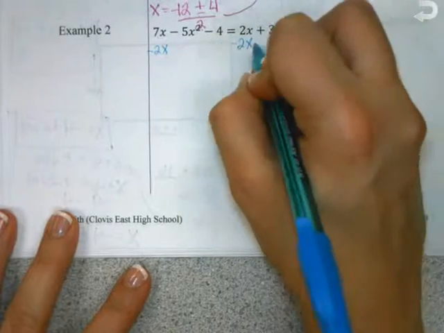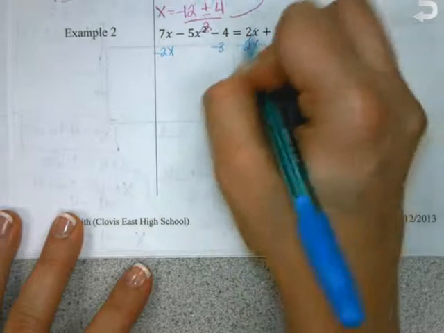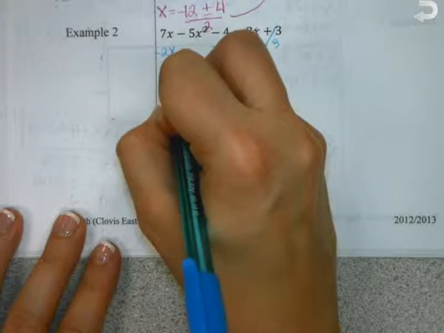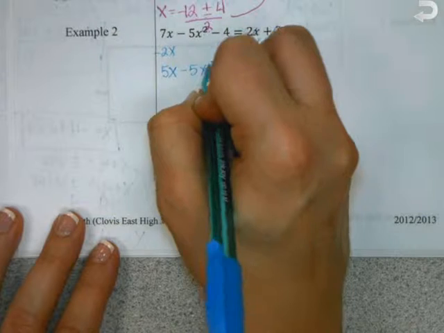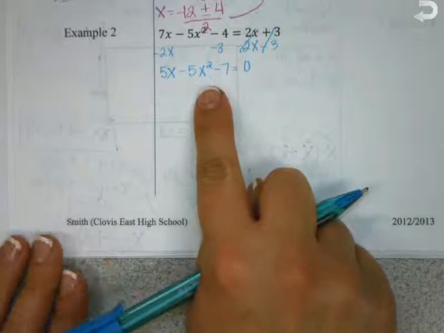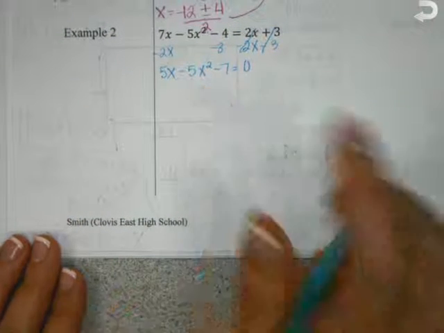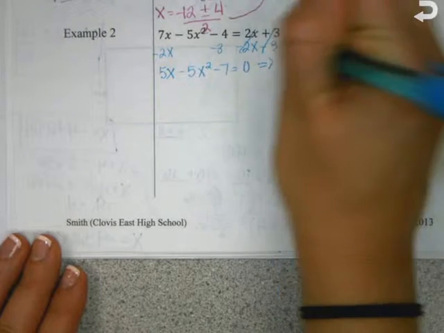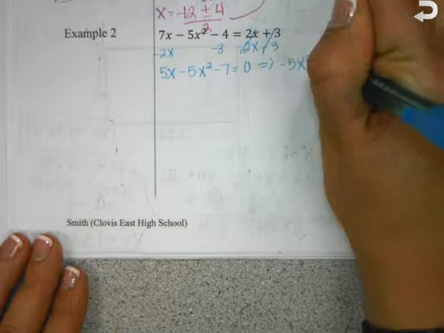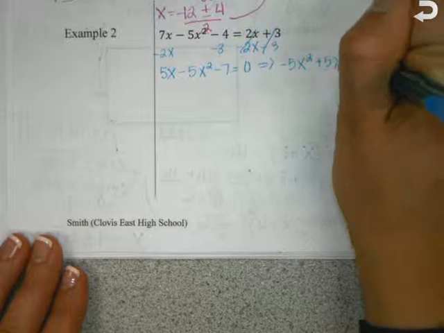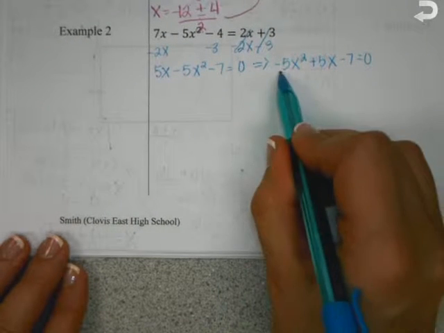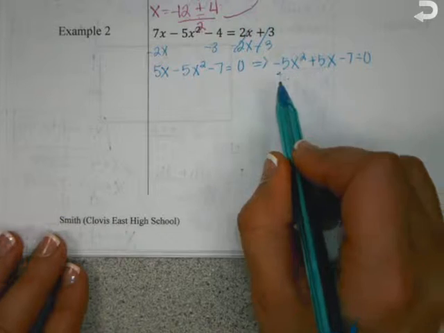So that's going to give me 5x minus 5x squared minus 7 equals 0. Now, is everything in the order that we want it? No. So let's change the order to negative 5x squared plus 5x minus 7 equals 0. Okay, so all I did was reorder it so the x squared was in front. But that sign has to travel with it.